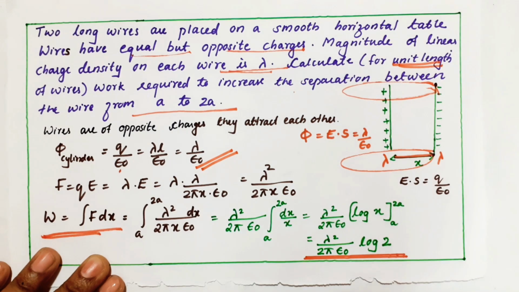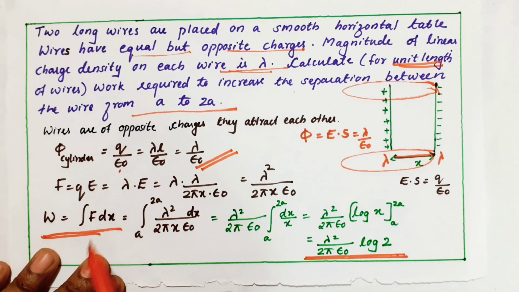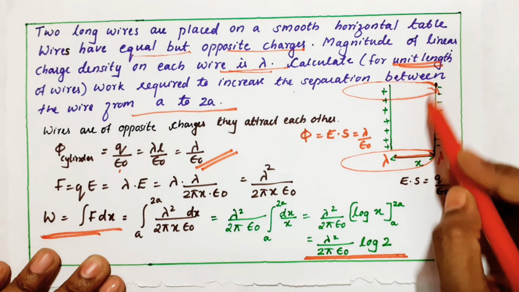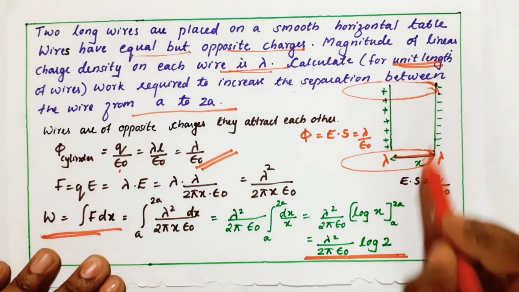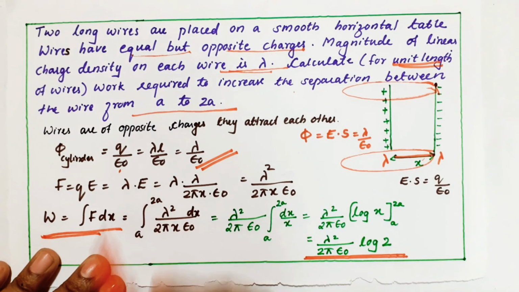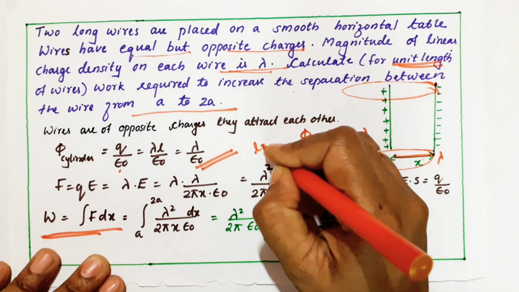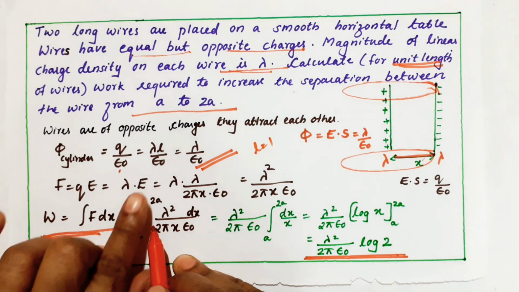That is equation number 1. If you want force, force equals QE. Force is Q into E, and Q I need to write in terms of lambda. So lambda L into E, where L is taken as 1. What is E?